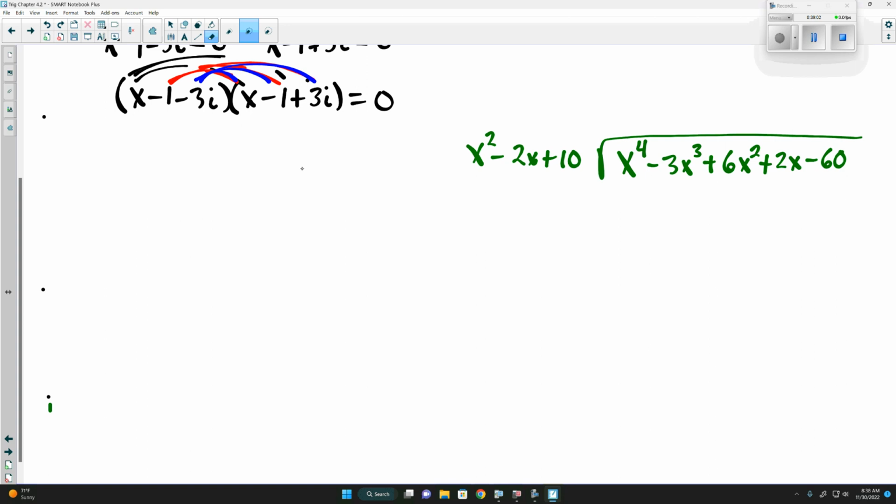So the first thing we're going to ask is what times x squared is x to the 4th, which would be x squared. And we'd multiply that. We'd say x squared times x squared minus 2x plus 10, which x squared times x squared is x to the 4th minus 2x cubed plus 10x squared.